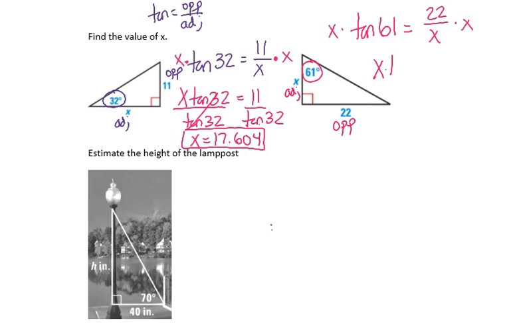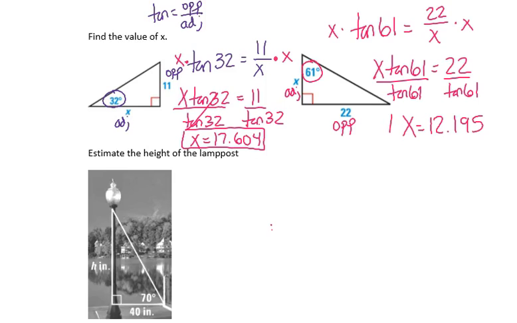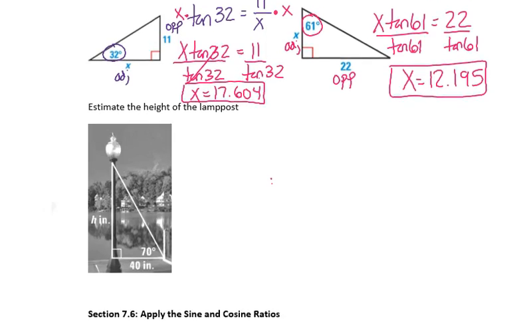So I get x tan 61 equals 22. Divide by the tan of 61 on both sides of my equation, and you should get 12.195. Again, if you're not getting that answer, let me know so I can show you how to use your calculator. Okay, one last example.